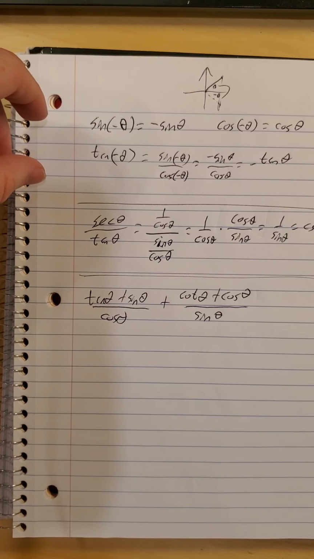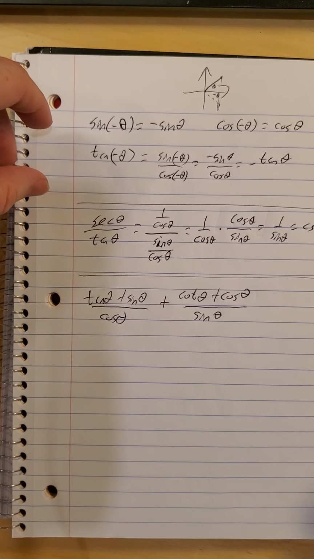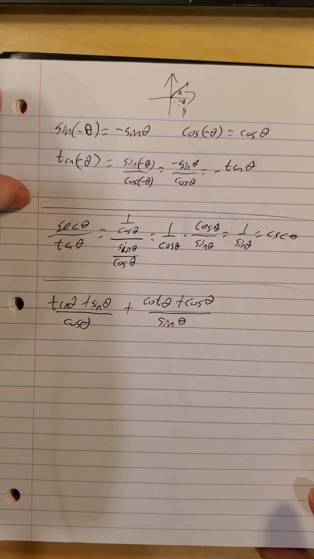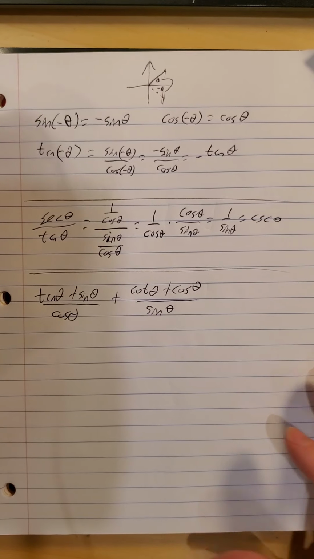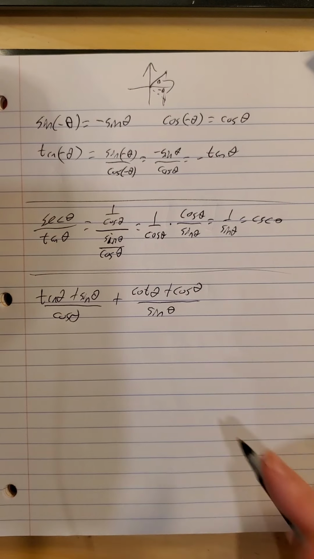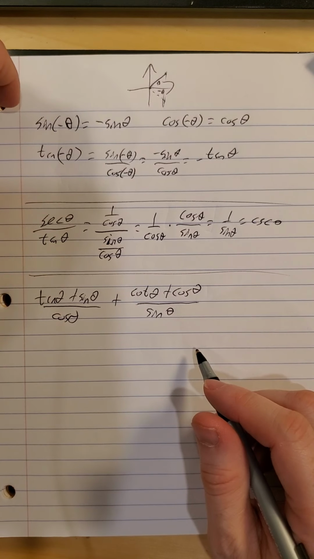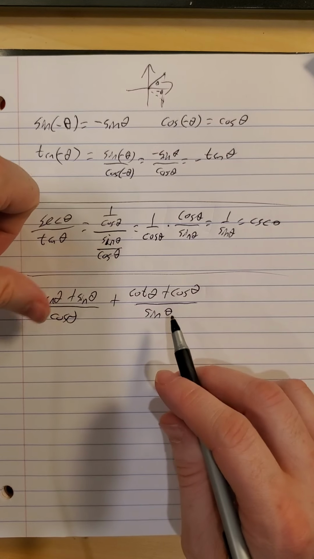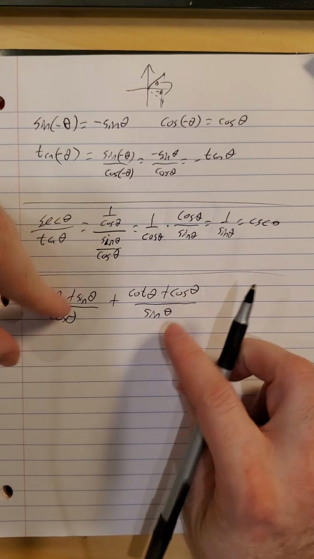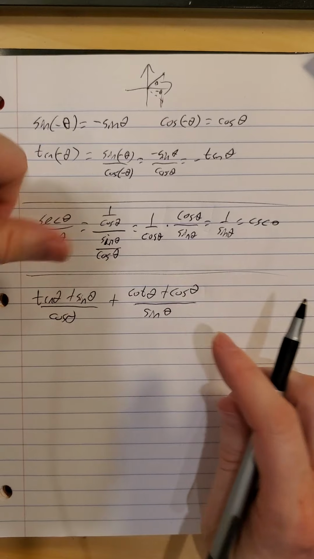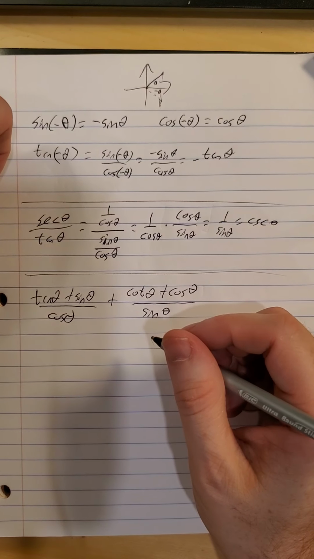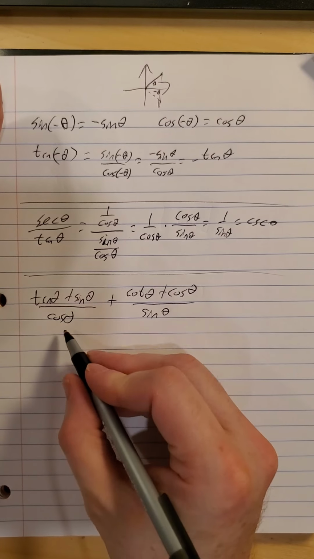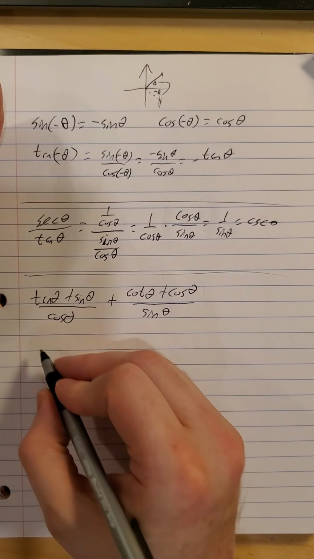My apologies, I couldn't see the cosecant on the end there. Whether you're in an arithmetic class starting to learn about fractions, or trig learning about all this crazy stuff, when adding or subtracting fractions, you've got to have your common denominator. So we'll hit this first fraction top and bottom with sine theta.